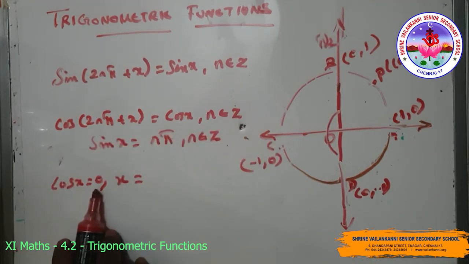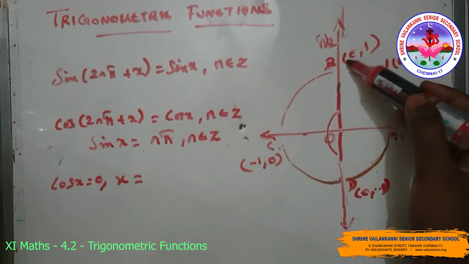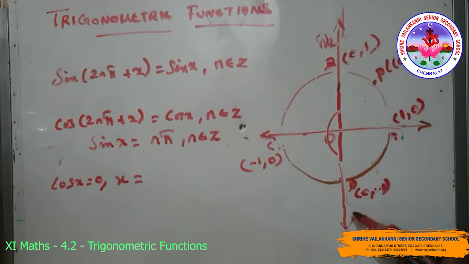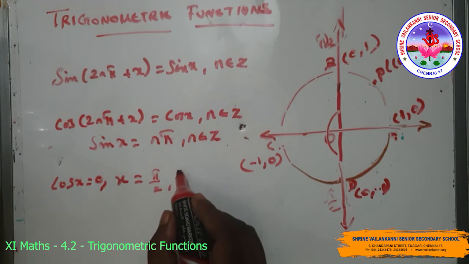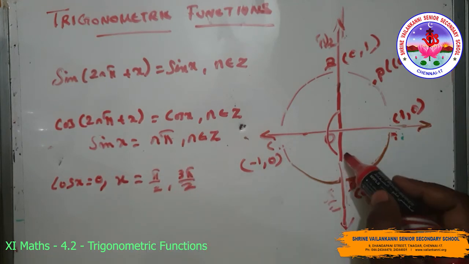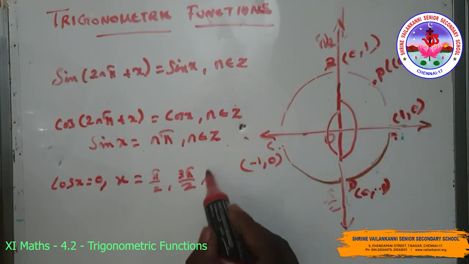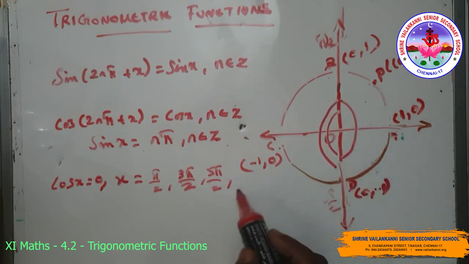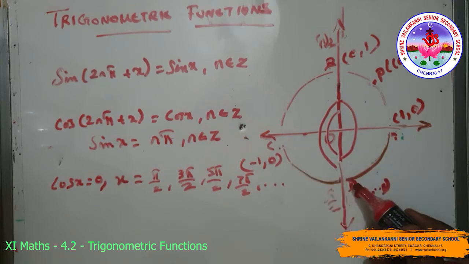So cos x is 0 when x is pi by 2. Here the coordinates are 0, 1, that is cos x and sin x. Cos x is 0 at pi by 2 and at 3 pi by 2, and again at 3 pi by 2 plus pi, which is 5 pi by 2, then 5 pi by 2 plus pi, which is 7 pi by 2, etc., if it revolves in the anti-clockwise direction.